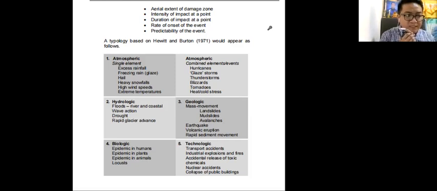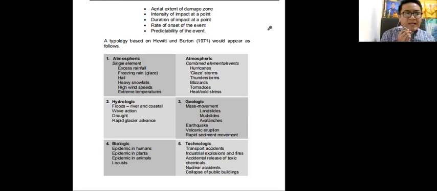The term disaster owes its origin to the French word désastre, D-E-S-A-S-T-R-E, desastre, which is a combination of two words: des meaning bad, and aster meaning star.